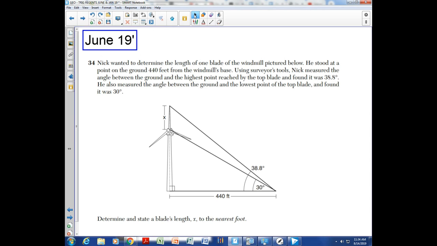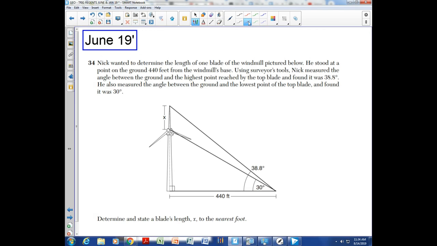Okay, so in this problem, we need to remember to stick to right triangle trigonometry. So this is a compound problem because we're going to need to do at least two problems to get to our final answer, which is going to be x. So if I were to draw in some helping lines in this picture, I'm going to look at that 38.8 degree angle.